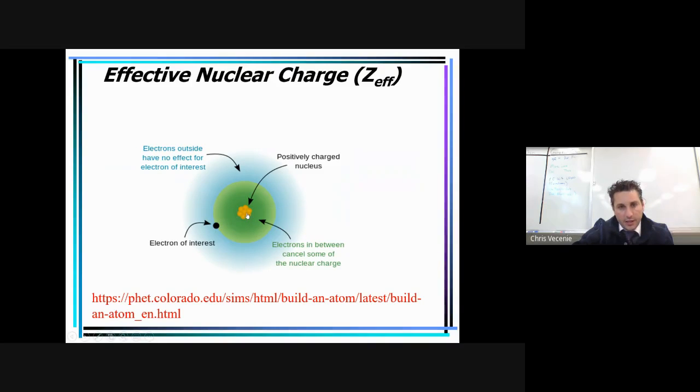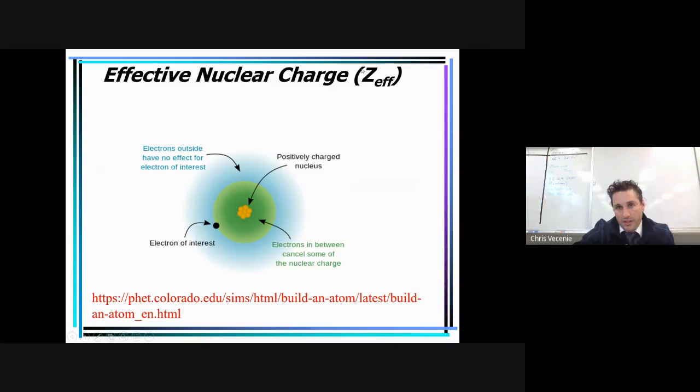Those nucleus protons are sending out a pull. Think of it like a magnet, even though it's a different pull. It's pulling on these electrons. So the more protons in the nucleus, the more the electron will feel that pull in an energy level. That's called nuclear charge.